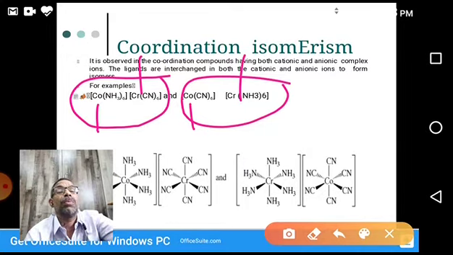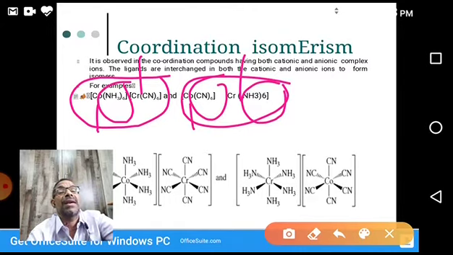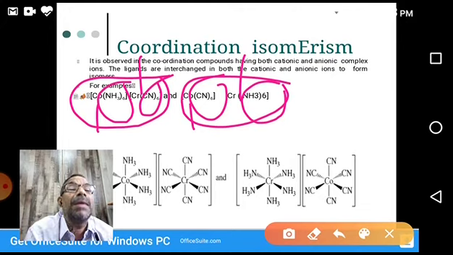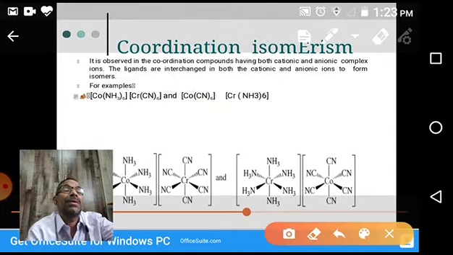In this compound we have six ammonia molecules. In this also we have 6 ammonia molecules. In this case we have 6 cyanide ions. In this also, 6 cyanide ligands. So chromium, cobalt, 6 ammonia molecules, 6 cyanide ligands. So the compounds have a similar molecular formula.